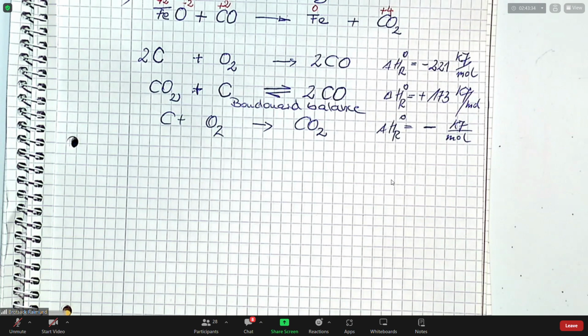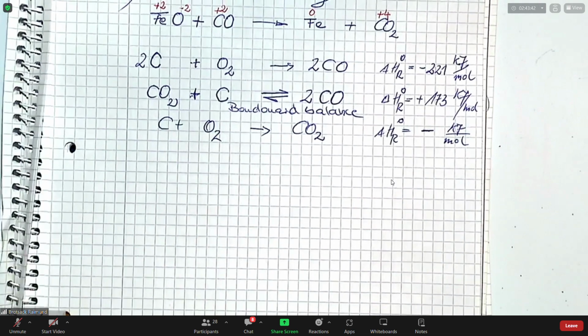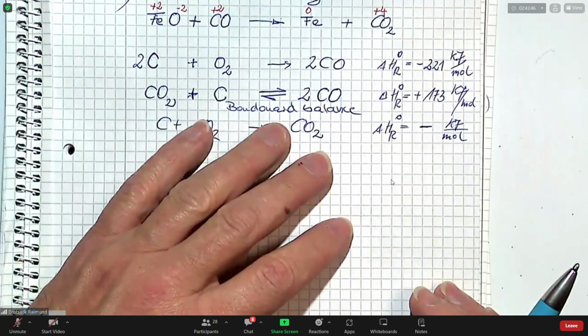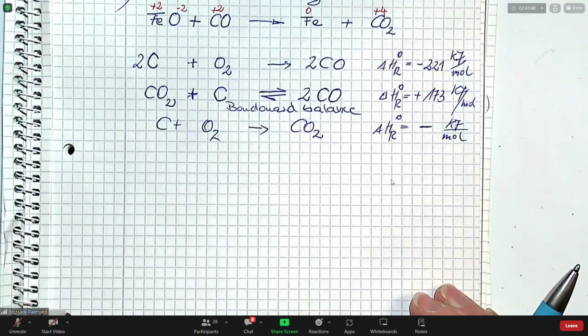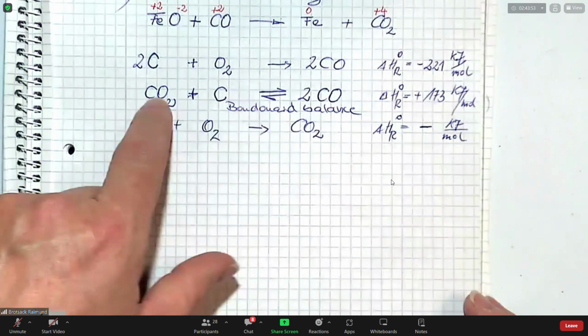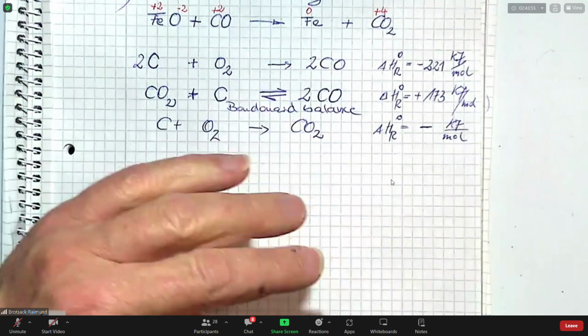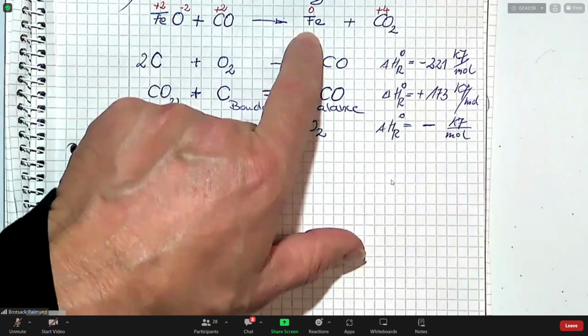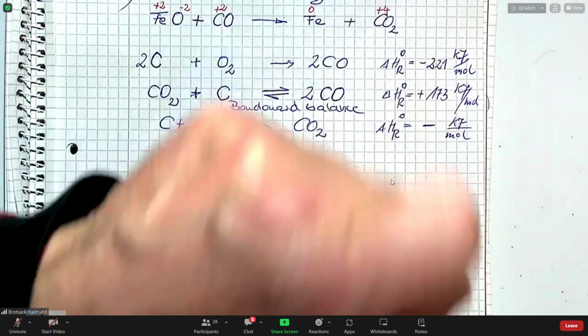And if you have more, you can die, because it blocks the transport mechanism in the blood for the oxygen. That's why sometimes there were some problems in the steel industry, and Mr. Boudouard found out these things, that CO is built as an intermediate. So the iron is oxidized, the carbon is reduced.